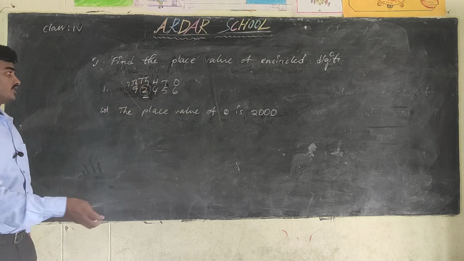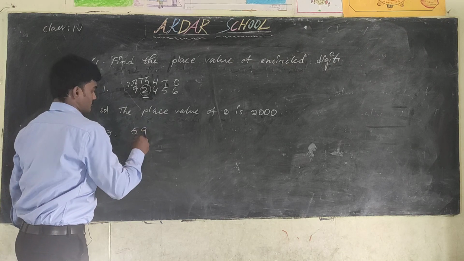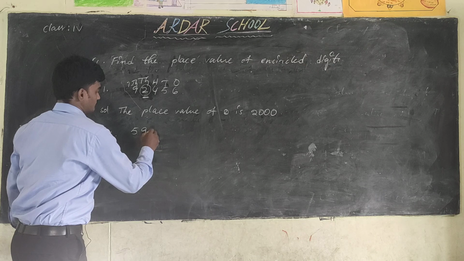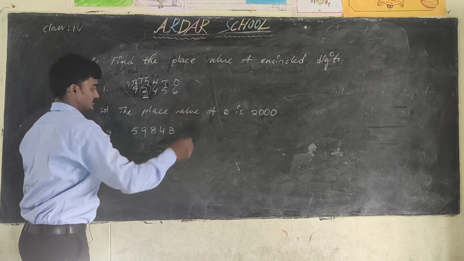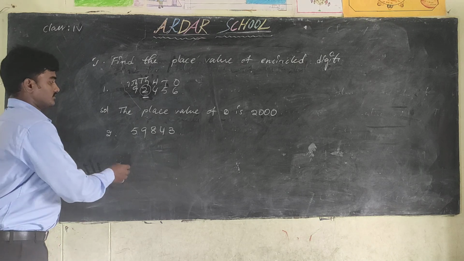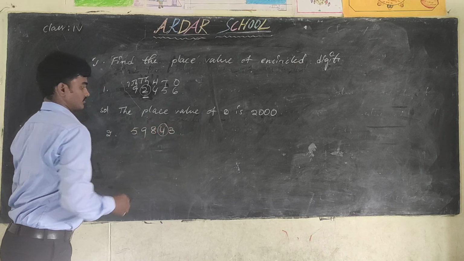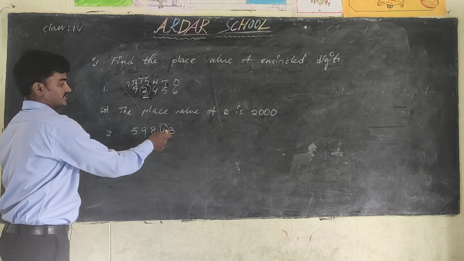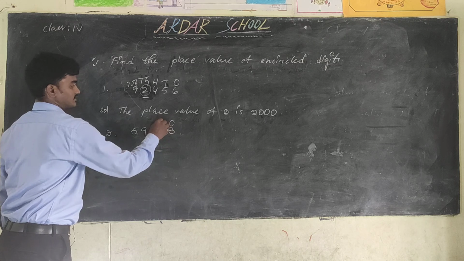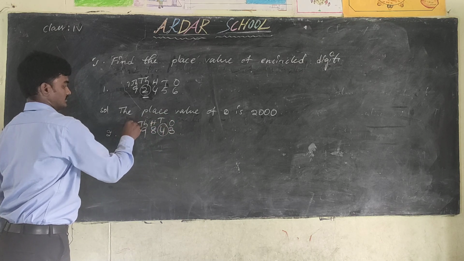So I will give you one more example. 59,843. Now I encircle 4. So again, let us see the places of the given digits. Ones, tens, hundreds, thousand, 10,000.